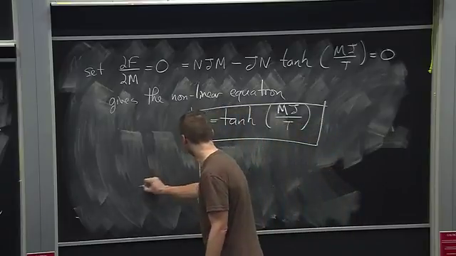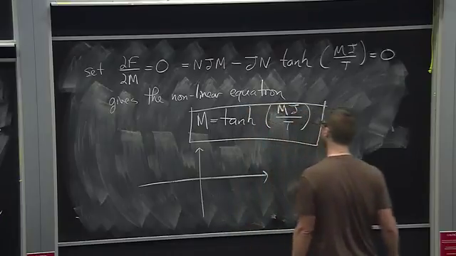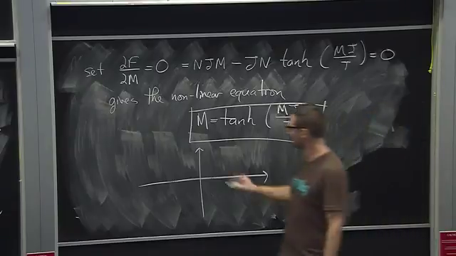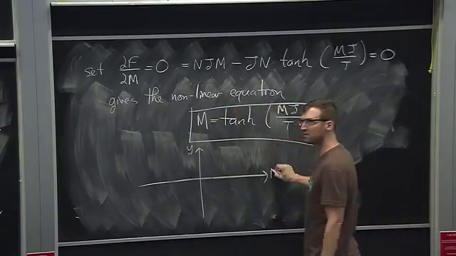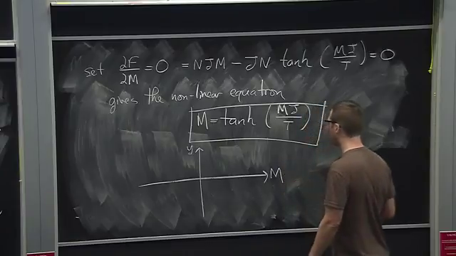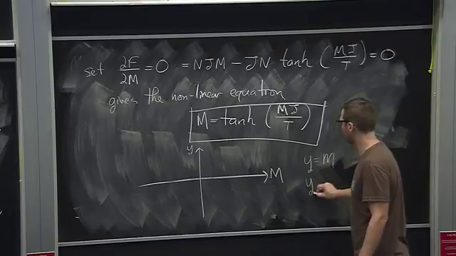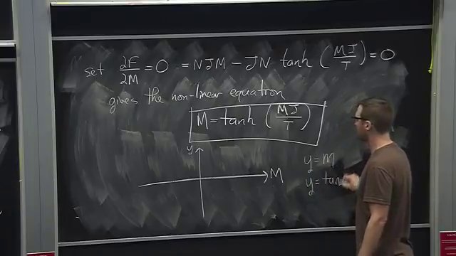One intuition you'll see for solving this is just plot the left-hand side and the right-hand side separately. Let me call a y-axis and an m-axis. And let me say y can be the left-hand side or the right-hand side.